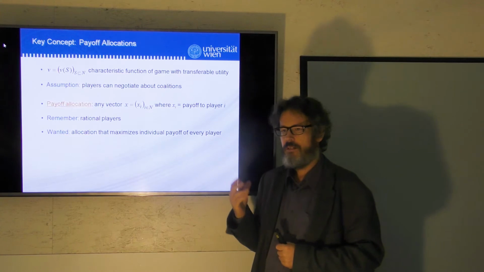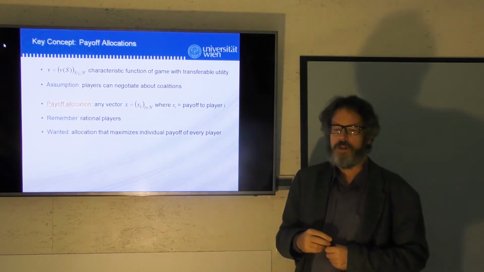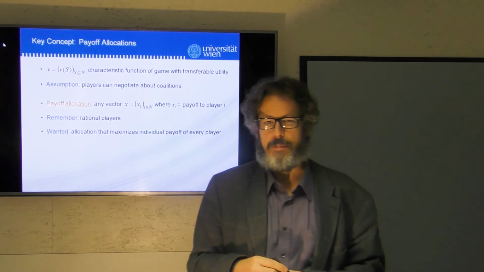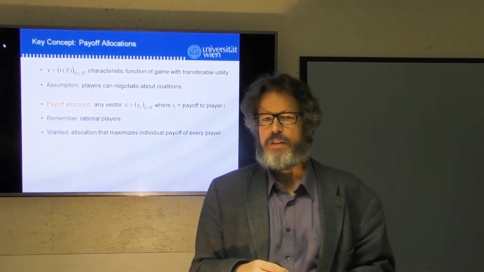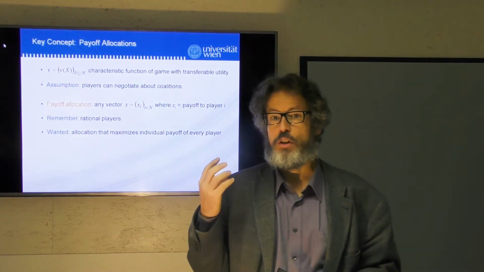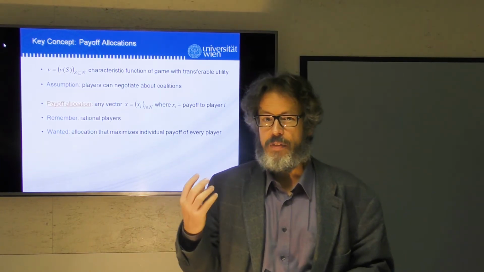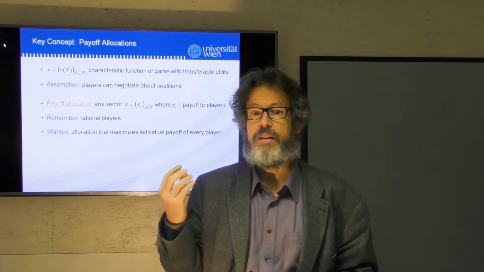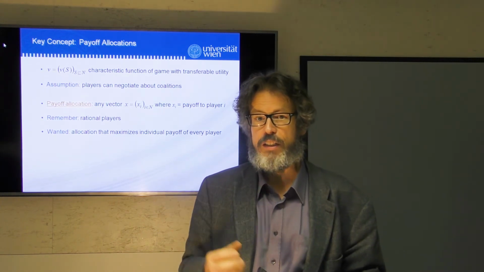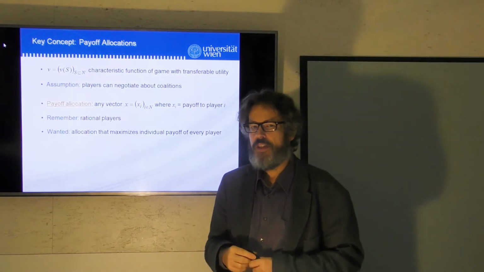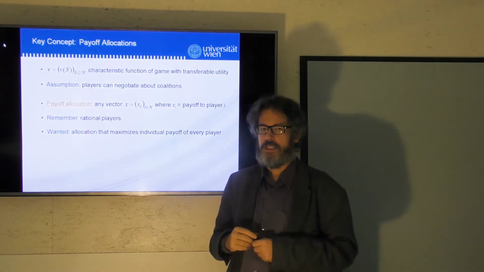Another important difference between cooperative and non-cooperative game theory is the focus of solution concepts. So in non-cooperative game theory, we were focusing more on strategies. We were trying to identify good strategies and then try to identify equilibria resulting from the application of these strategies. In cooperative game theory, the focus is shifted a bit.